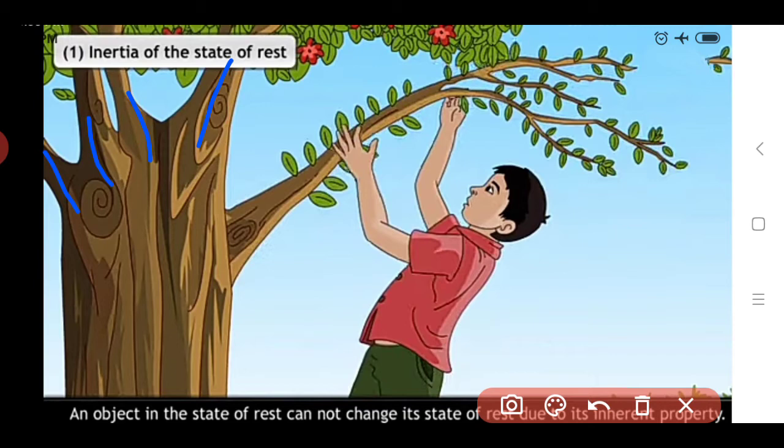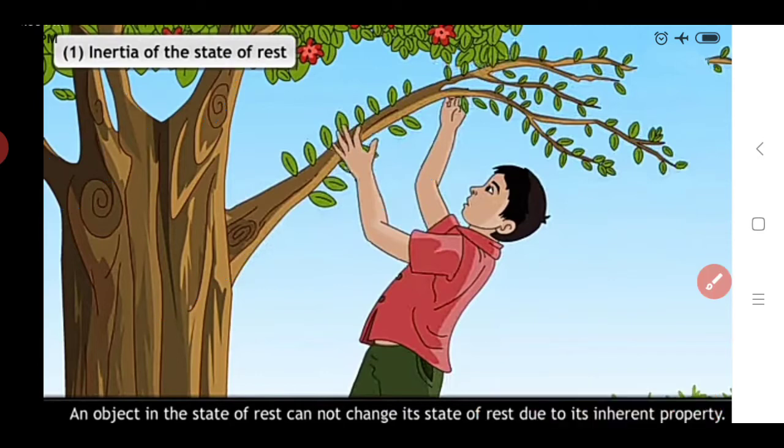They are not in motion. But what happens if we don't apply any type of force? These branches remain as they are for a longer time. So the inertia occurring on this tree is called inertia of the state of rest. Did you understand? I will explain again.